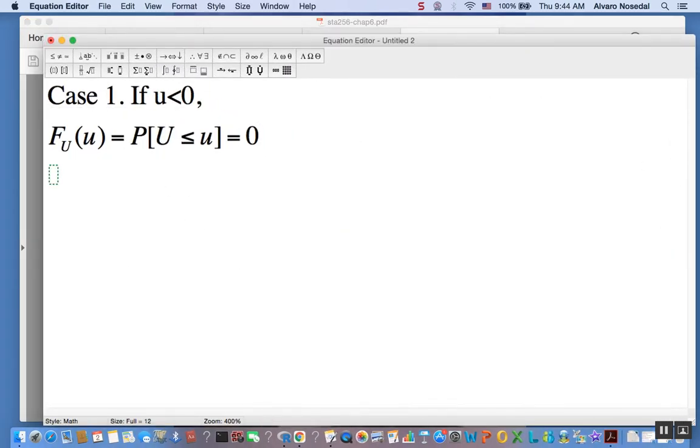So for case 2, u greater than 0, after we did the math, we ended up with f of random variable u evaluated at u, right?